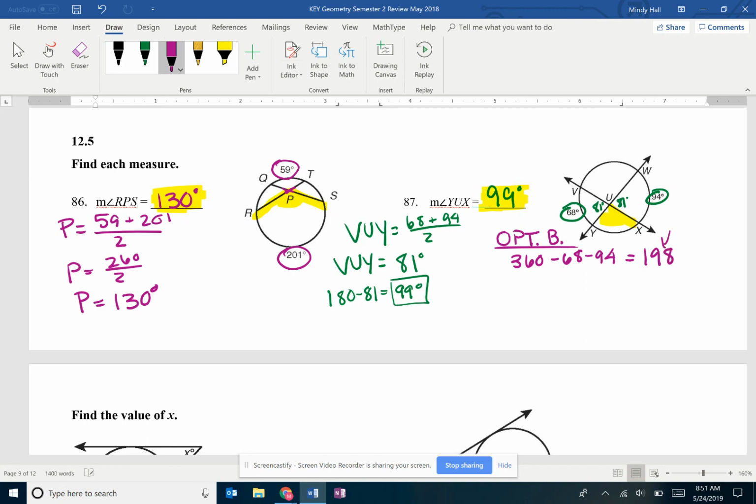And then this is the sum of VW, the arc, and XY, the arc. So then you would just divide that sum by 2. And again, you get 99 degrees. So it does not matter which method you use. Both methods obviously work, but whatever one you are most comfortable with.